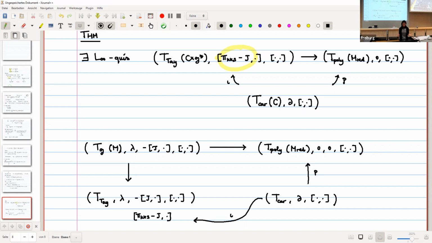The idea is the following. If you really want to construct this map that I called R, you have to invert the iota, right? So we need to go in this direction. Let me explain carefully this part.